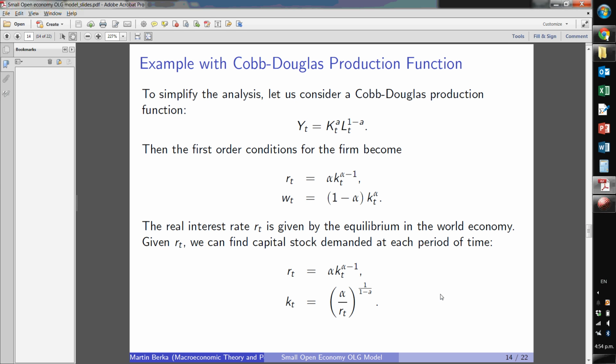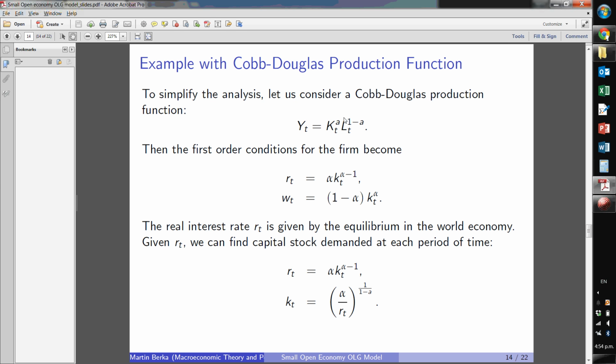So to simplify the analysis, we consider a particular case of production function, Cobb-Douglas, which is constant returns to scale and of course satisfies the usual conditions, so we don't need to worry about that. I just plug this functional form into our first order conditions. Lowercase a is the same thing as alpha, so you can see them as the same.